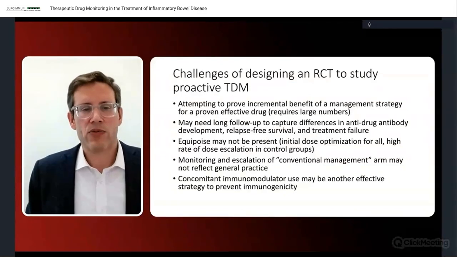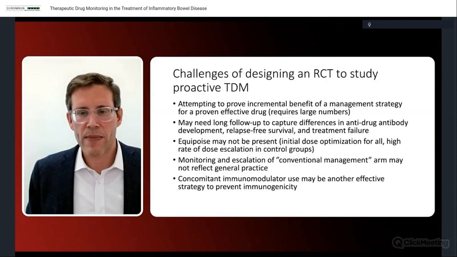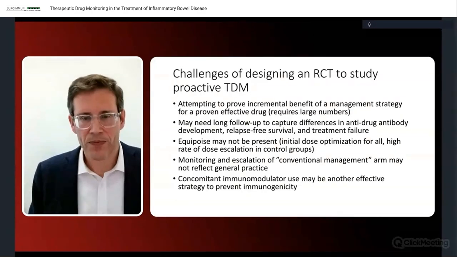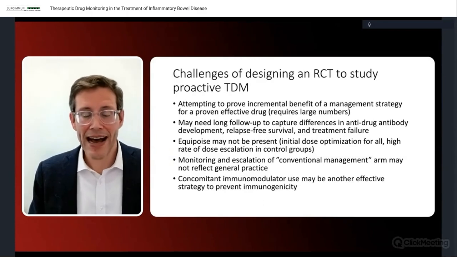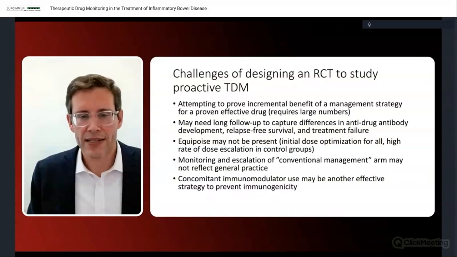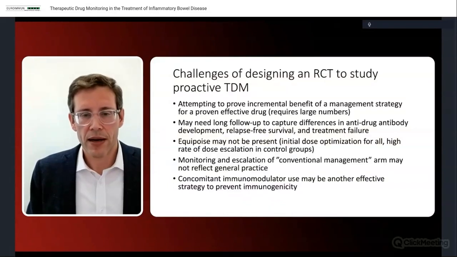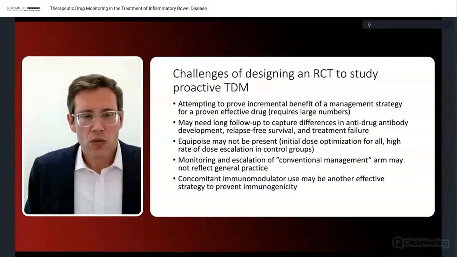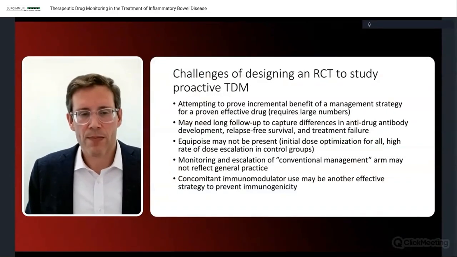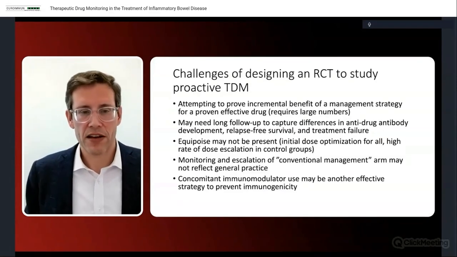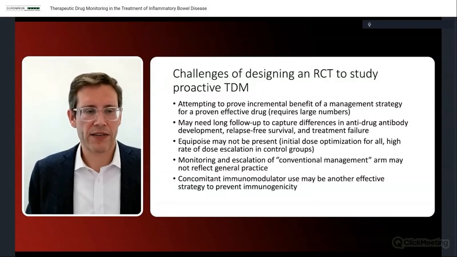One is we're attempting to prove an incremental benefit of a management strategy for a drug that's already proven effective. And not every patient is going to require dose escalation that would lead to improved outcomes. So we're going to require a very large number to show this increase in effectiveness of an already proven effective drug.